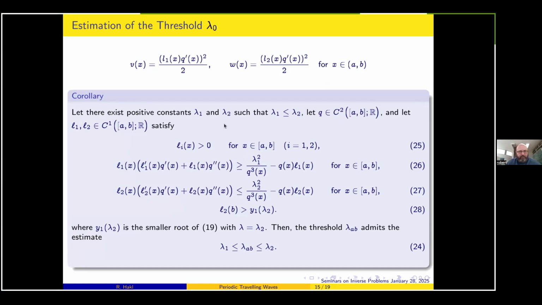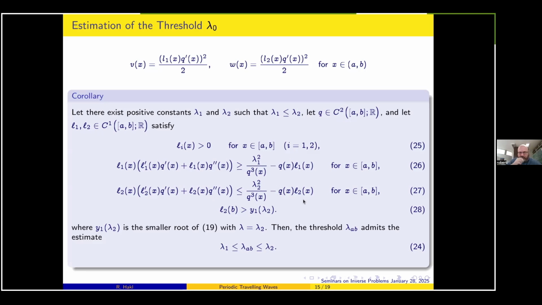And if, for example, the functions L1, L2 are constant functions, so this prime is 0, this is 0, this is 0, you get some second order quadratic roots to check.